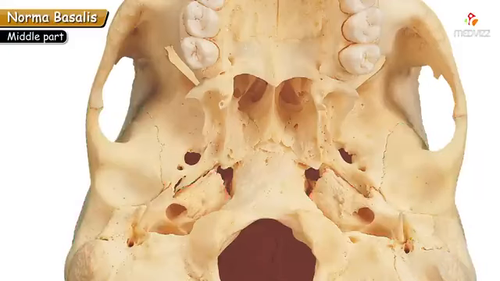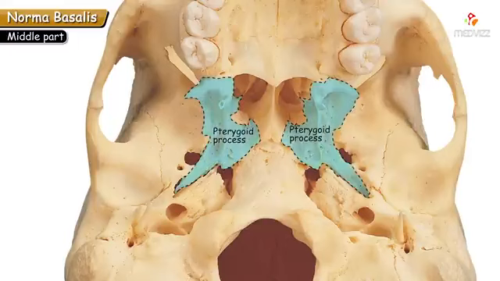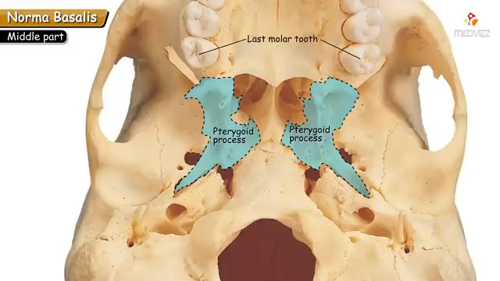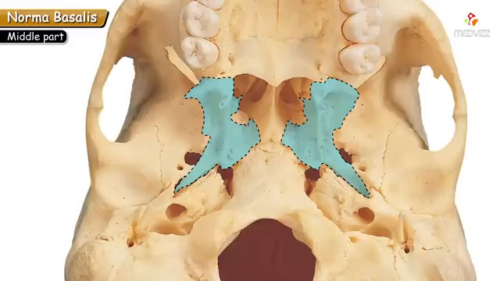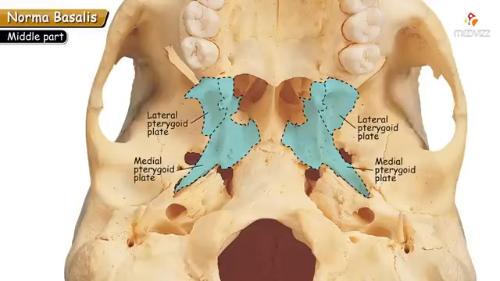Starting with this pterygoid process. The pterygoid process is the process from the sphenoid, and it is present posterior to the last molar tooth. If you see, it is present just behind the last molar tooth socket. The pterygoid process shows 2 pterygoid plates, lateral and medial pterygoid plates.